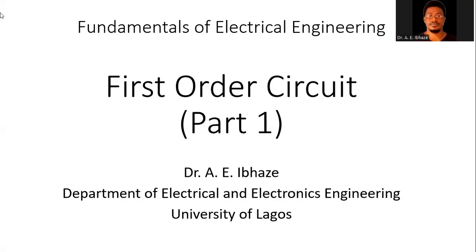So we are going to consider the network response of first order circuits in this lecture. When we talk about first order circuits, we're referring to circuits where we have one storage element.